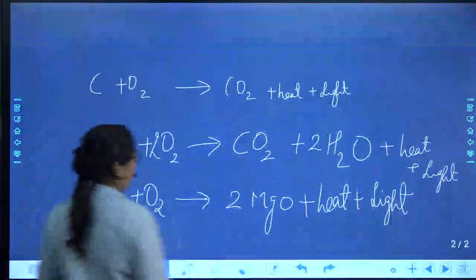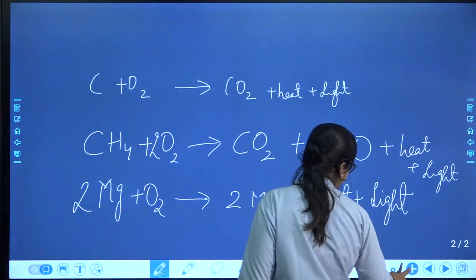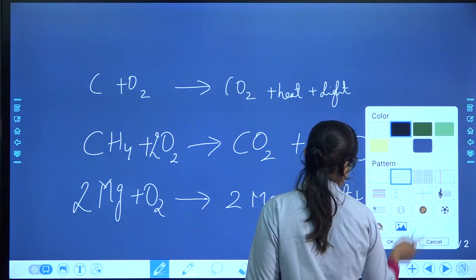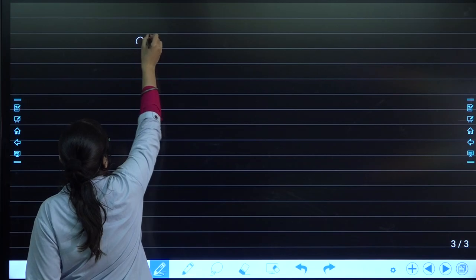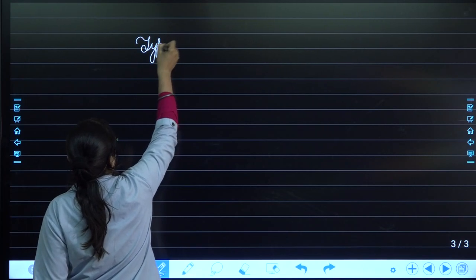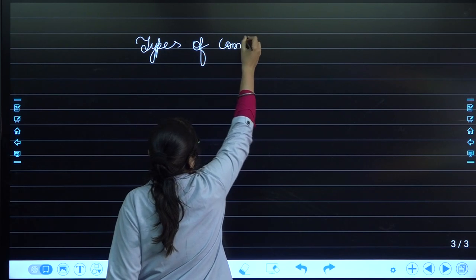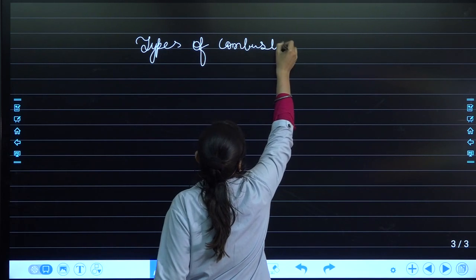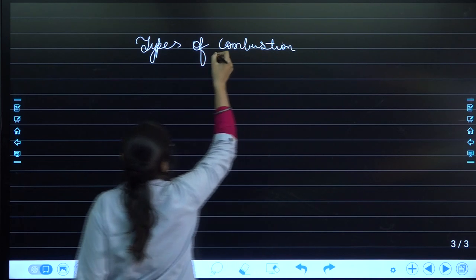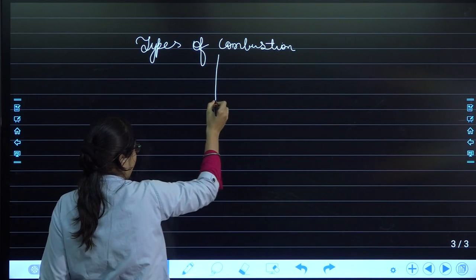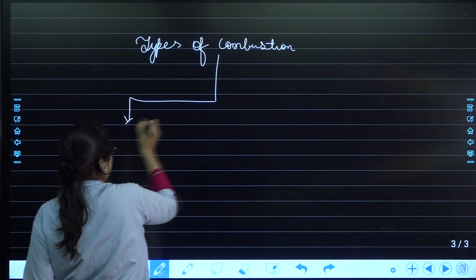The next very important point was regarding the types of combustion. If we talk about the types of combustion, then two more which you have already studied are complete combustion and incomplete combustion.